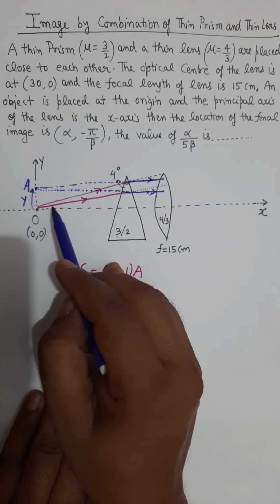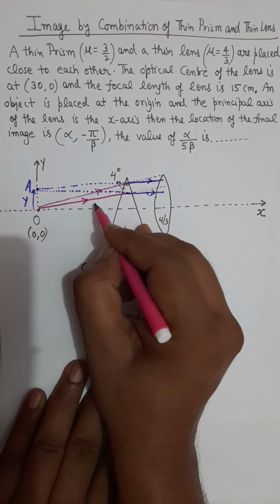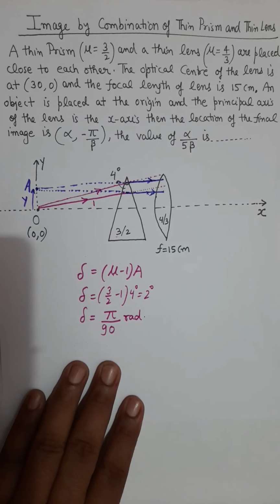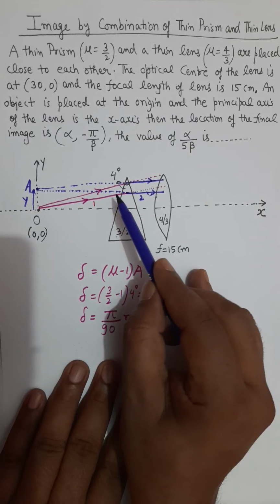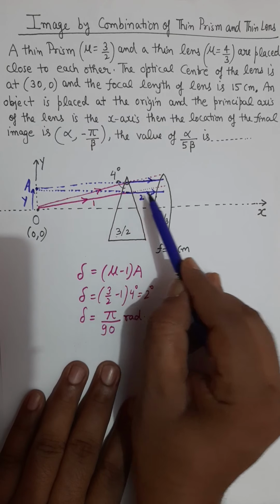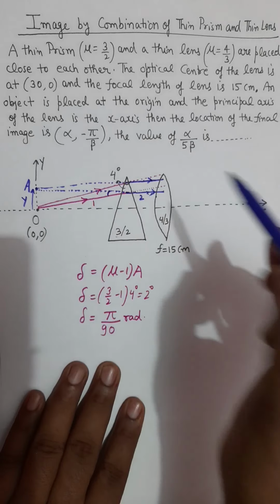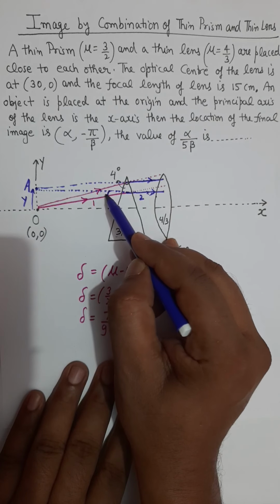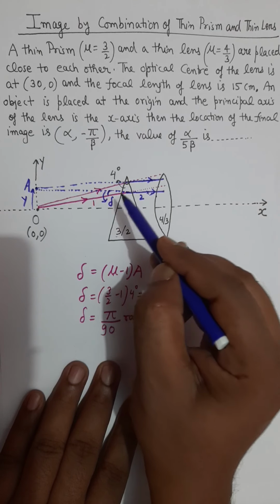Notice that this ray, let me give some numbers, number 1, and the corresponding deviated ray is number 2. The angle between the ray 1 and ray 2 is only 2-degree angle. So this angle is actually deviation angle. You can denote it as delta angle, which is 2-degree.